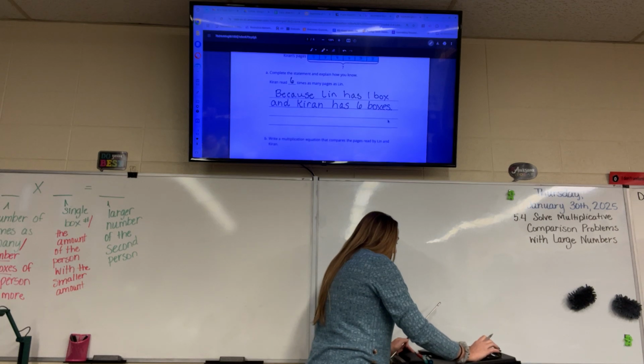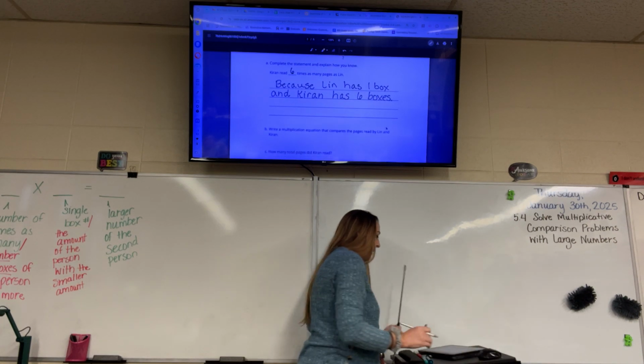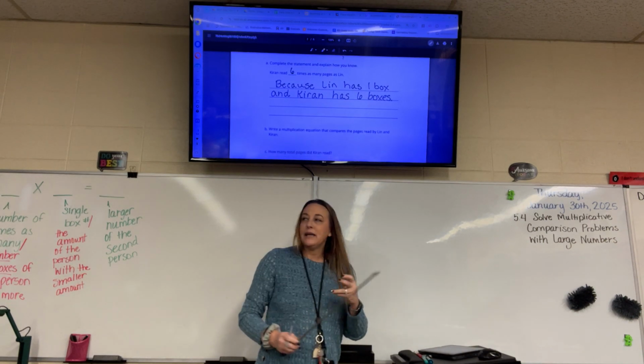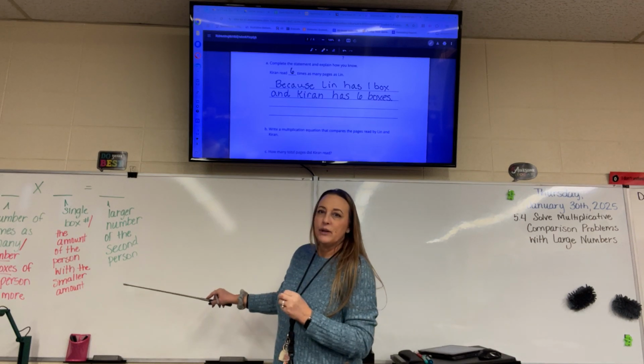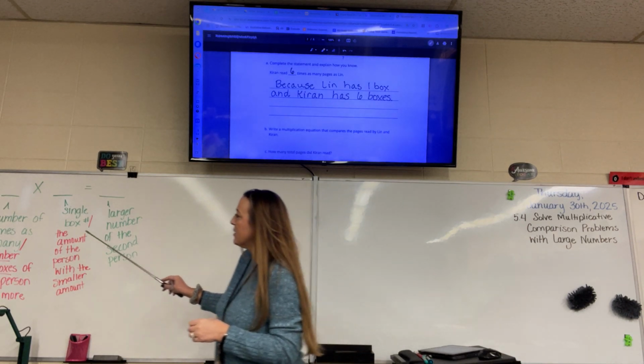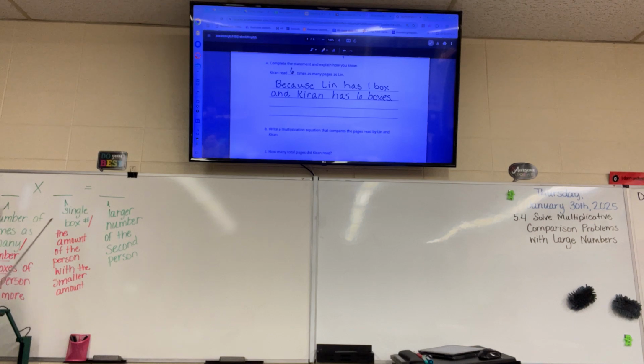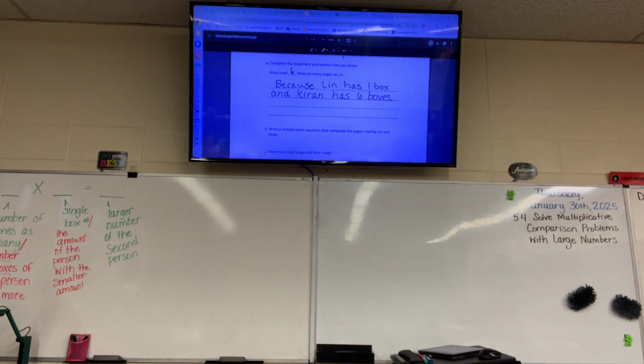Then it says write a multiplication equation that compares the pages read by Lynn and Kieran. I have put this over here to help us with this. So when you're writing a multiplication equation, in the first place is where you write the number of times as many, or the number of boxes of the person with more, okay?